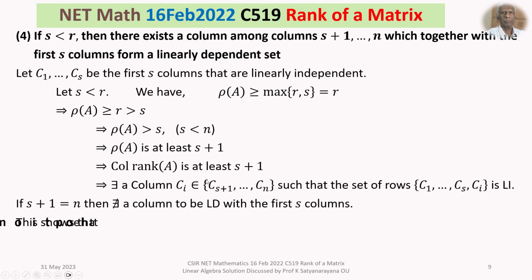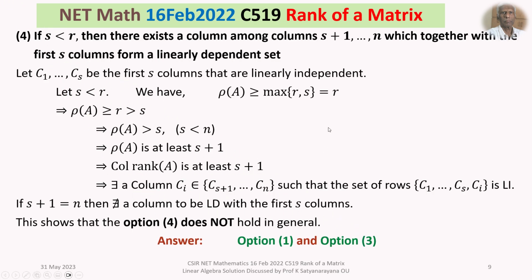So this shows that option 4 does not hold in general. In general, it is conditional. In general, it is not true because there are no other conditions given except S less than R. Therefore, this option does not hold in generality. So the answer for this question is option 1 and option 3 are true.